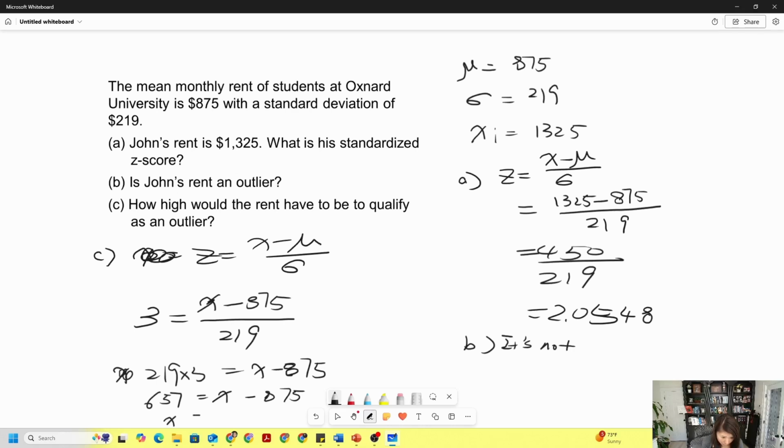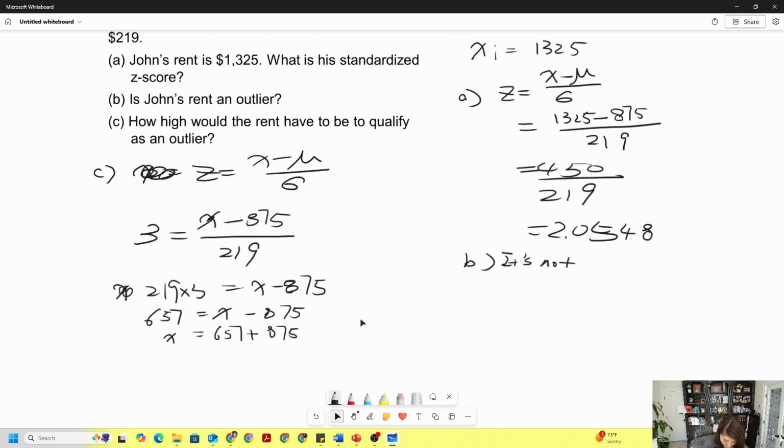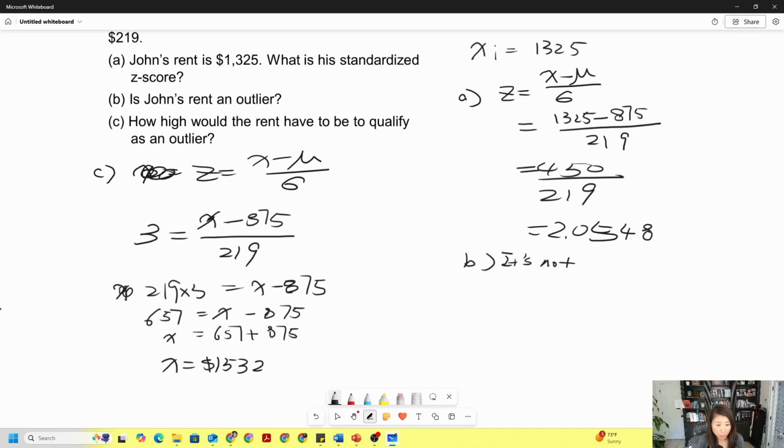Then x will equal, both sides plus 875, 387 plus 875. So therefore x will give us 1,262. So in order to be considered an outlier, the rent has to be larger than 1,262. So that's how high the rent would have to be to qualify as an outlier.